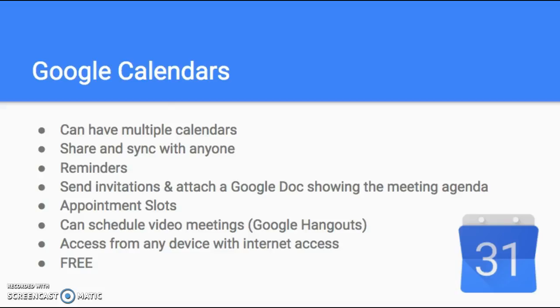So when an event is getting ready to occur, you can have a preset reminder for you so you don't forget about a meeting or an important document that's due soon.